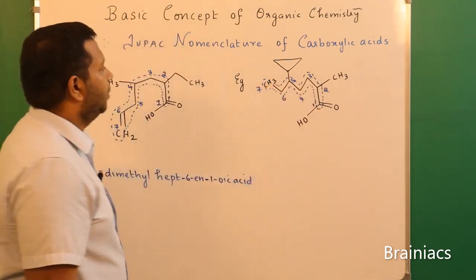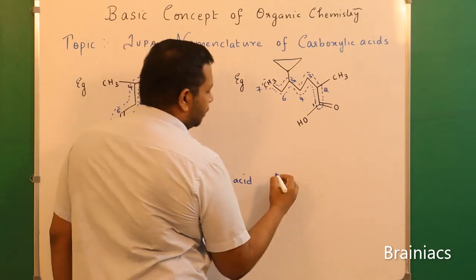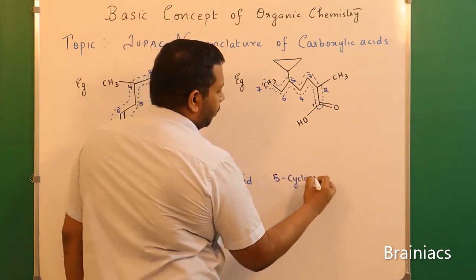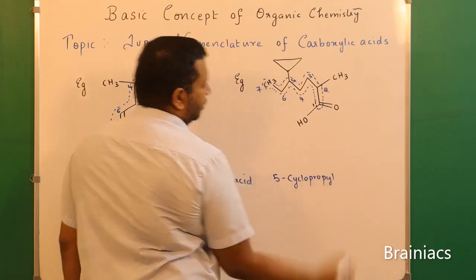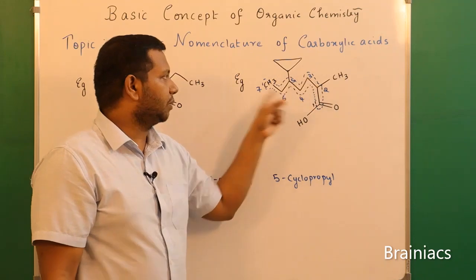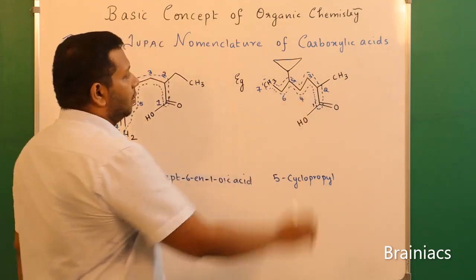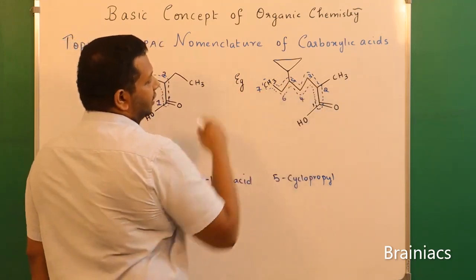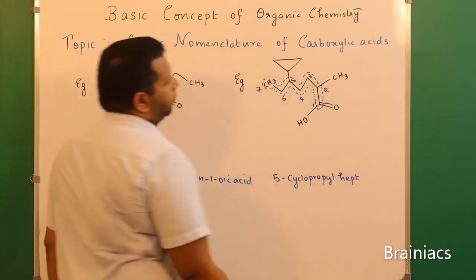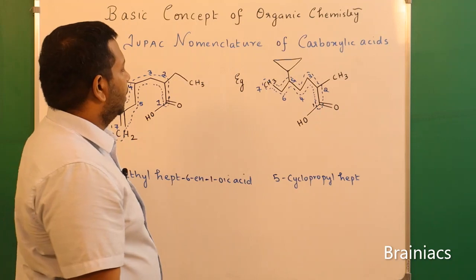Now how should I name it? Tell me second degree prefix, that is 5 hyphen cyclopropyl, correct. Then 1 degree prefix is not applicable because the parent carbon chain is a linear compound. Then comes the word root, that is 7 carbon, so it is hept. Here I made a mistake.